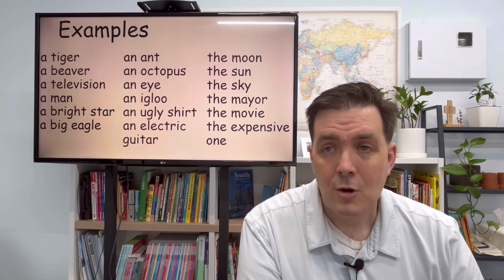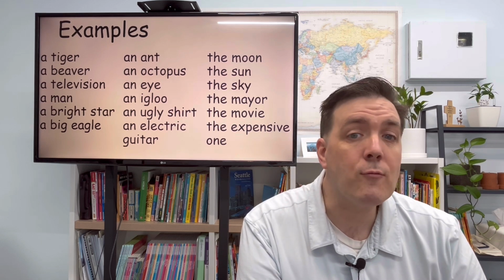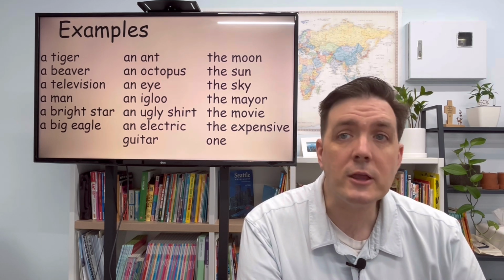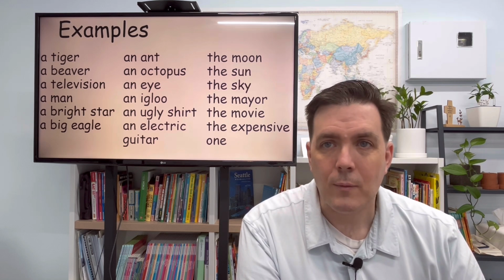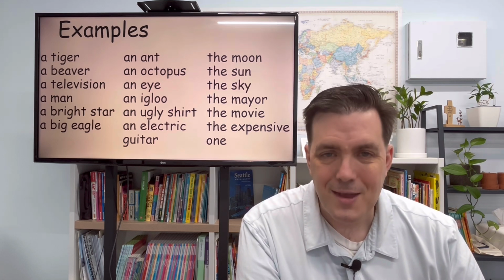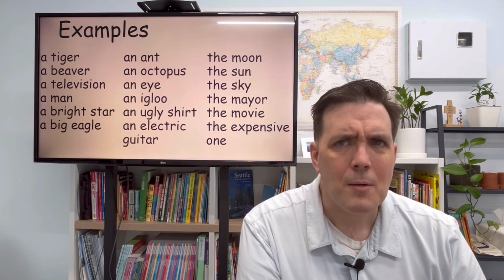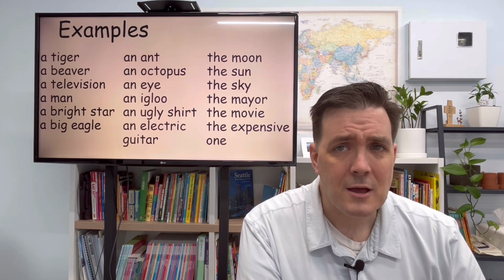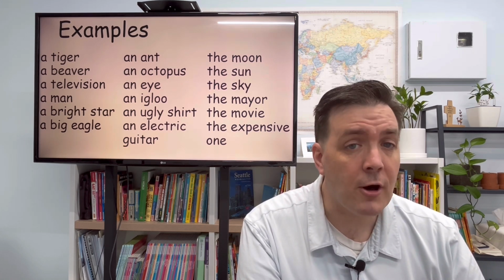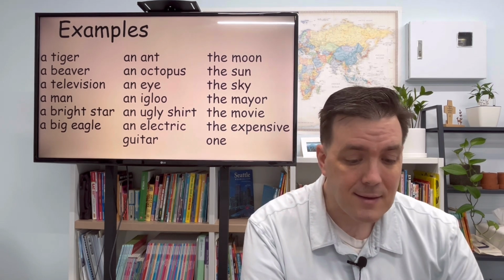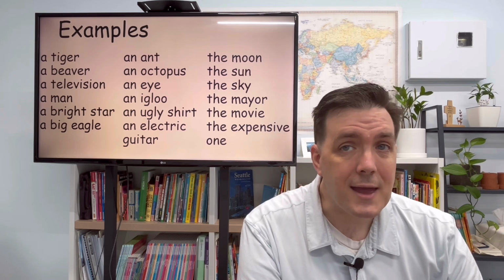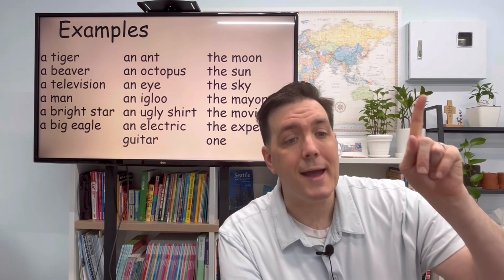The moon, well, here on Earth we only have one moon. So I can say, look at the moon. On the other hand, if we were on Jupiter, well, we would probably be crushed to death. But Jupiter has more than 20 moons. So I could still say the moon, but then I would have to point. So the sky, oh, look up at the sky.